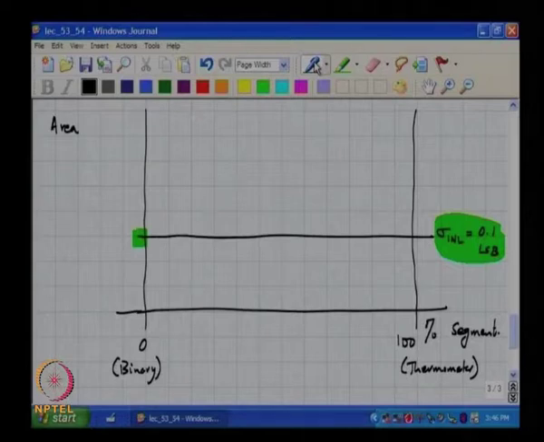So, if I want a sigma INL of 0.05 LSB, the area must go up by a factor of 4. If I want the sigma INL to go down by a further factor of 2, it should go up from this line by a factor of 16, right.